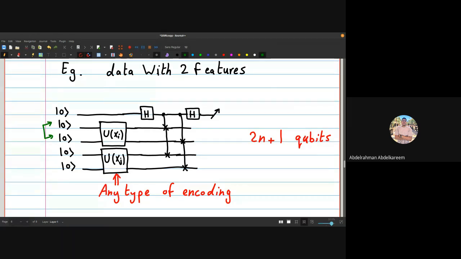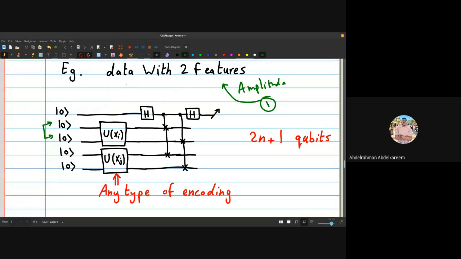If I had used, let's say, amplitude encoding, I would only need one qubit. As you know, one qubit can represent data with two features. But here I have used two qubits, as in this diagram. Let's say an encoding type like angle encoding, which uses n qubits for n features.